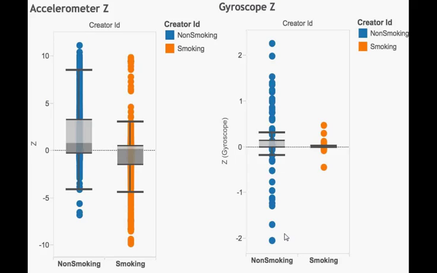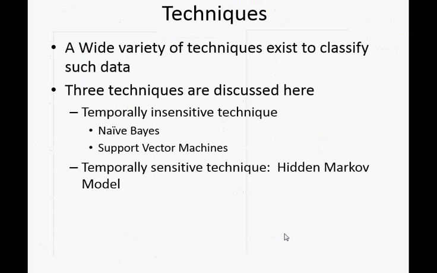This is from a graph associated with two elements of accelerometry data and gyroscope data, where you can see some differences in place between the patterns that result from the data collected from smoking versus non-smoking.